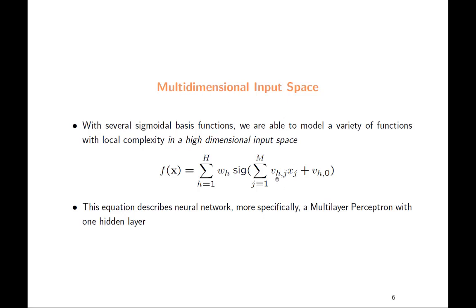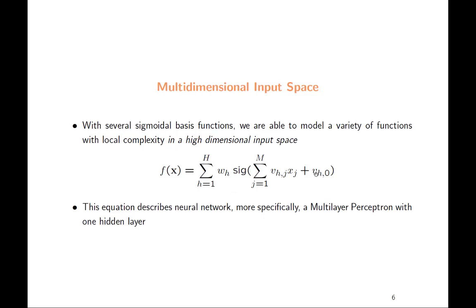We have a weight here from the jth input to the h is the index of the basis function, and we sum here over all inputs, and we multiply the input to the corresponding v parameter and add a constant offset, which is now specific to the hidden unit. We apply the sigmoid, multiply it by the weights, and then sum over all these different sigmoids. So h would be the number of sigmoids, of sigmoidal basis functions.